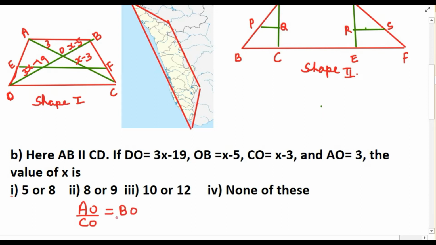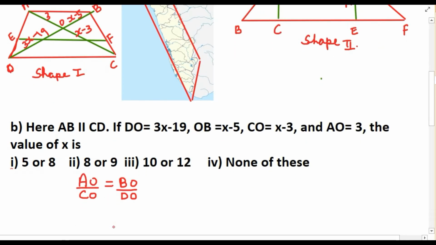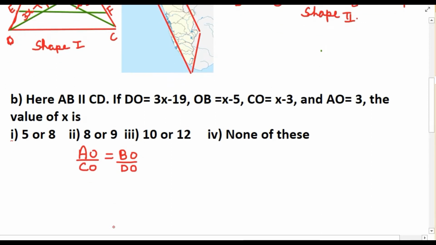Now I just need to substitute the values and solve this equation to get the value of x. So we can write AO is 3, CO is x minus 3, BO is x minus 5 and DO is 3x minus 19.